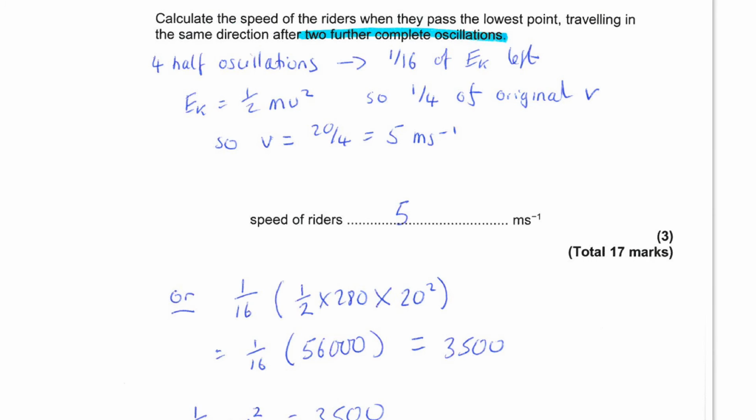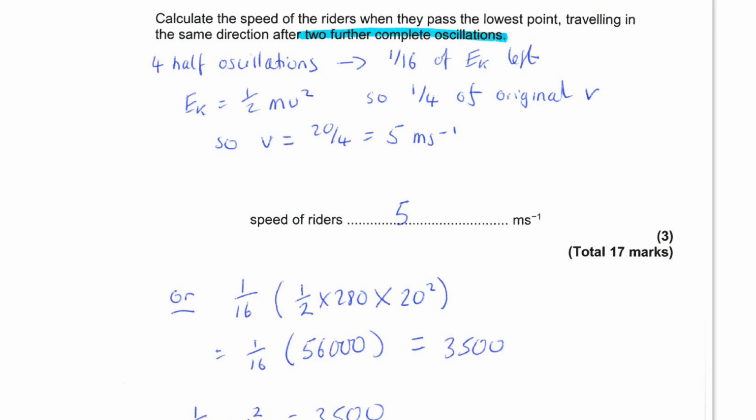You're asked to find the speed when they pass through the lowest point, travelling in the same direction after 2 further complete oscillations. You have to read and think carefully to get this question correct. It's referring to half oscillations here and complete oscillations here.